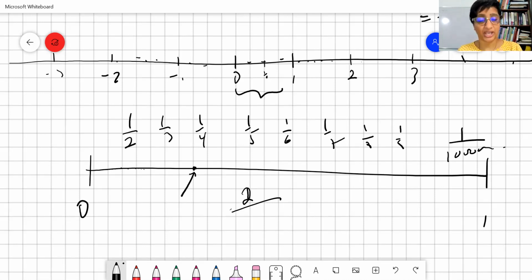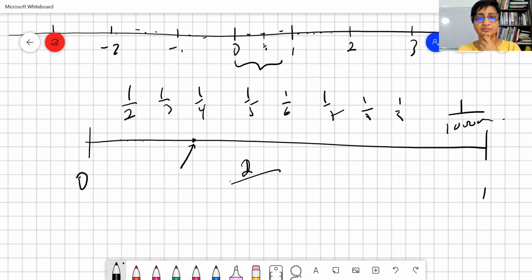I'm going to take you to the concept of irrational numbers. Now you already have learned this, but before irrational numbers came in, people thought that the number line was filled just with fractions, these are rational numbers, right? I just wrote unit fractions, but if you take fifths, there are 4 of them: 1/5, 2/5, 3/5, 4/5.